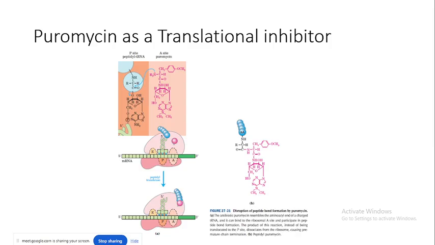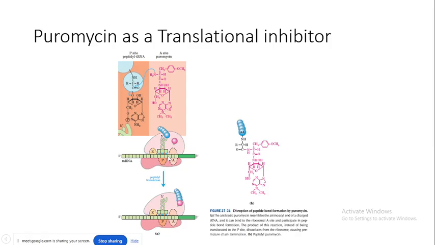Puromycin is a translational inhibitor. It has very much similarity with the aminoacyl-tRNA, so it can be called an aminoacyl-tRNA analog, right?